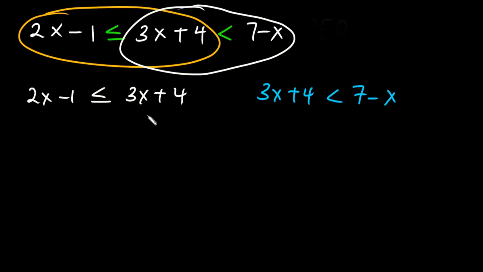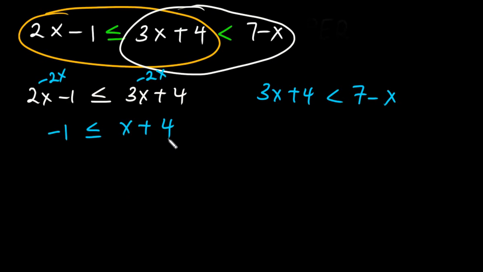As I said in the video where we were learning how to solve linear inequalities, we treat the inequality symbol as an equal sign, and then proceed to solve as if there were an equal sign here. So for this case, we can subtract 2x on both sides, so that we have -1 is less than or equal to x plus 4.